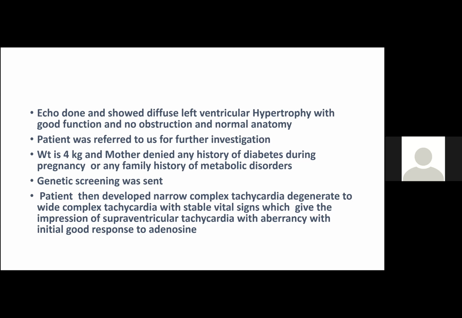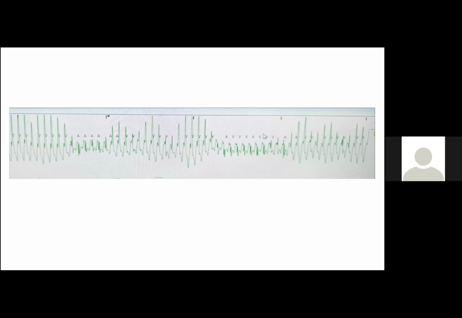The patient then developed narrow complex tachycardia, but it degenerated to wide complex tachycardia with stable vital signs, which gave us an impression of supraventricular tachycardia, with initial good response to adenosine.